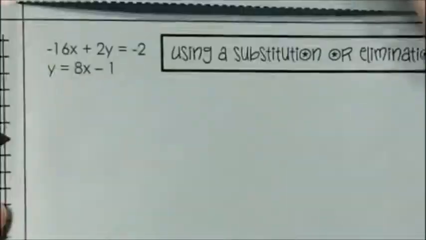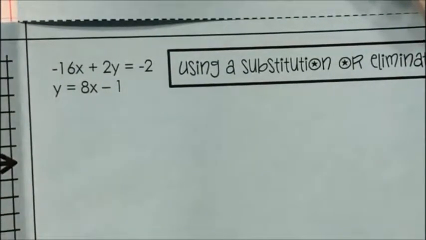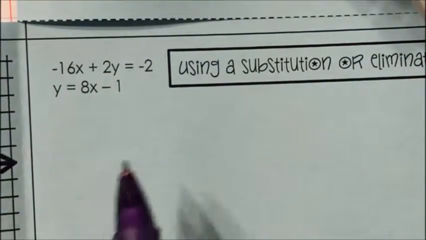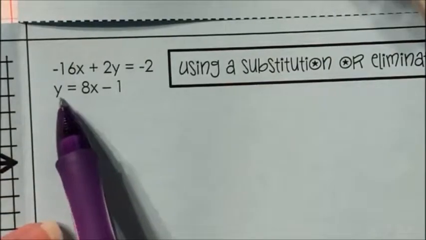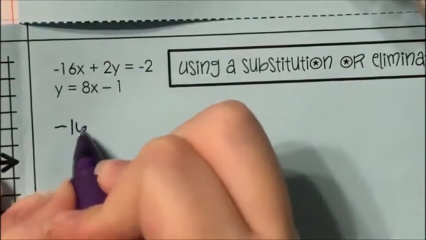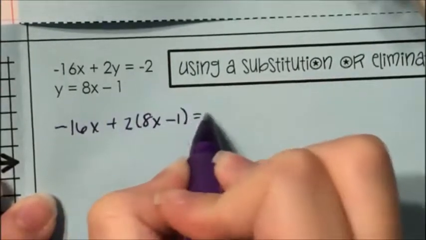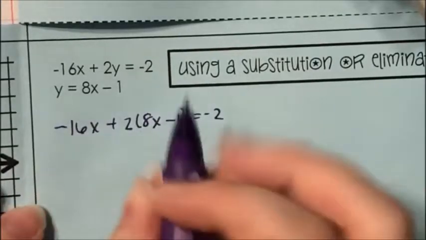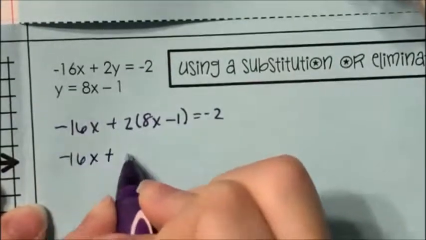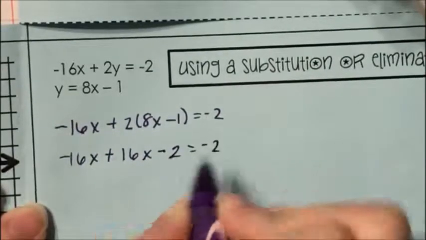Okay. For infinitely many solutions, I have negative 16x plus 2y equals negative 2 and y equals 8x minus 1. One of these is already solved for a variable, so I'm just going to take that and plug it back in. So negative 16x plus 16x minus 2 equals negative 2.